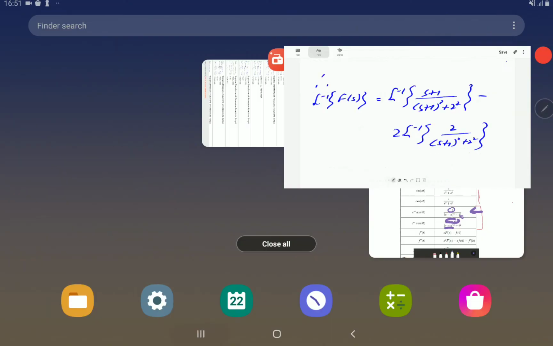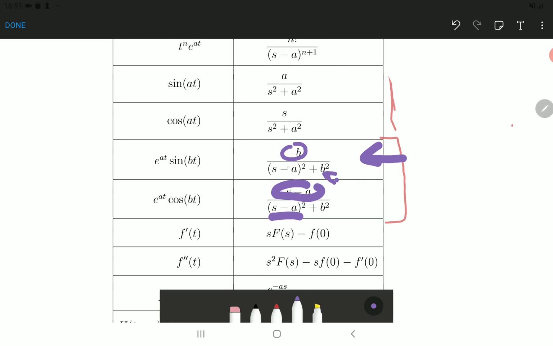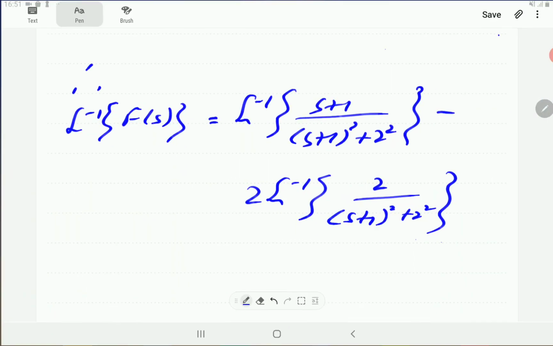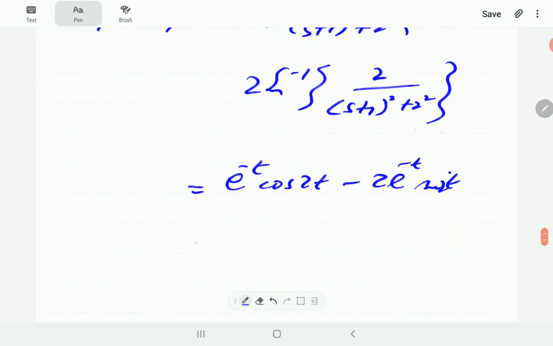So comparing again with this, our a is negative 1 in our case, and our b is 2. So the first term is going to be e to the minus t cosine 2t. Then the second term is going to be 2e to the minus t sine 2t. If we factor out the e, then this is what we're going to have, minus 2 sine 2t.